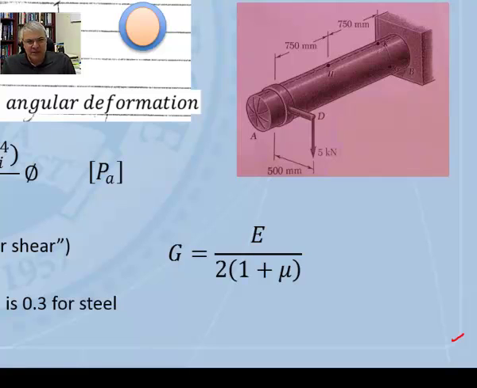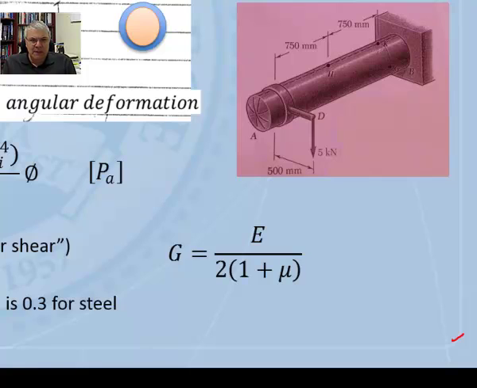This is the angular deformation that's caused by the applied torque on a bar of length L. This hollow shaft is made of, of course, an inner diameter and an outer diameter. We keep that in mind.